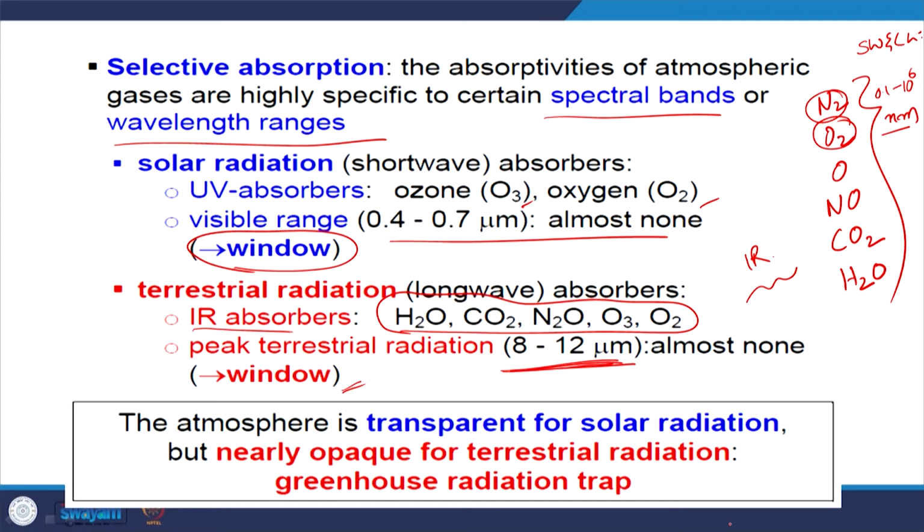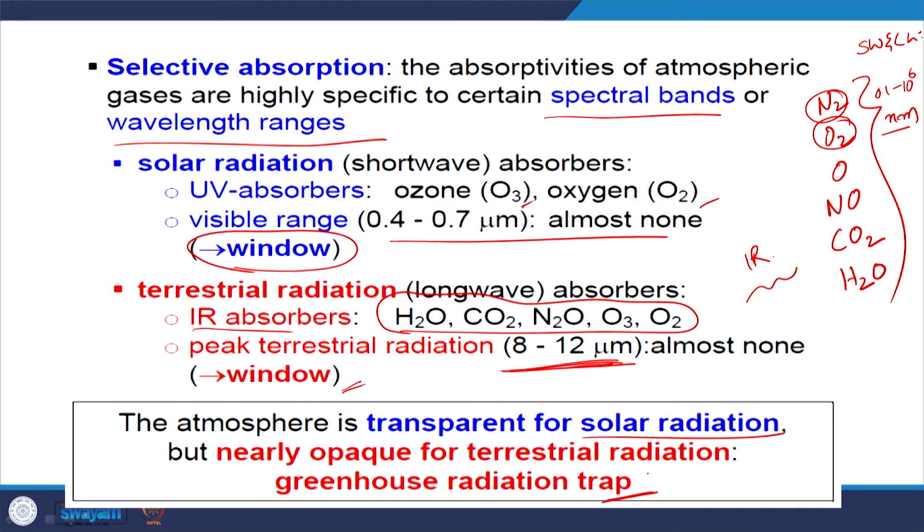So, what you can say is the atmosphere is transparent for solar radiation over particular wavelength ranges. You call these wavelength ranges windows. Now, the atmosphere is transparent for solar radiation only over a particular wavelength range, but nearly opaque for terrestrial radiation, greenhouse gas radiation. This is what we have already talked about, right.